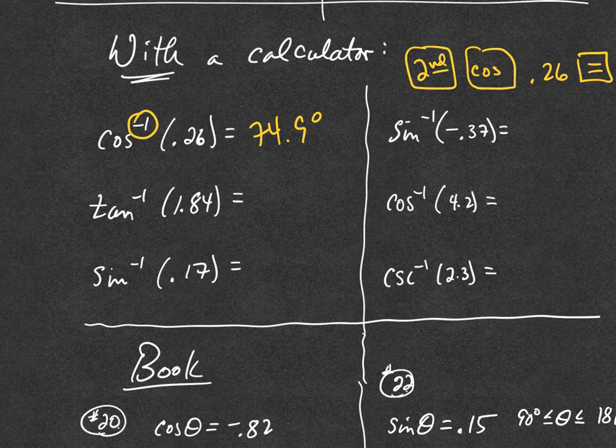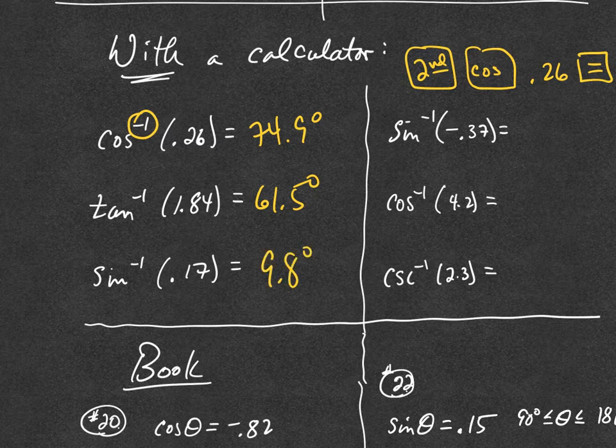And now we can just bop through a few more of these. The inverse tangent of 1.84 is, oh, I hit the wrong button there. There we go, guys. 1.84 is about 61.5 degrees. The inverse sine of 0.17 is about 9.8 degrees.